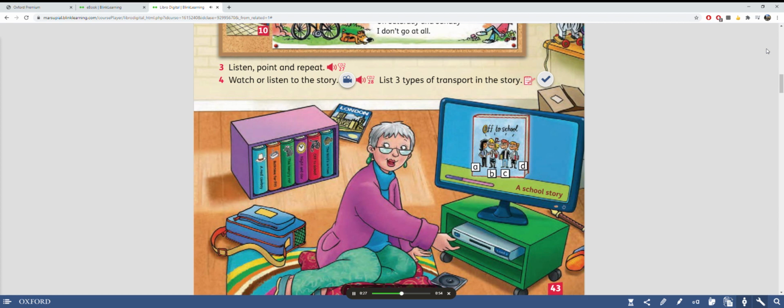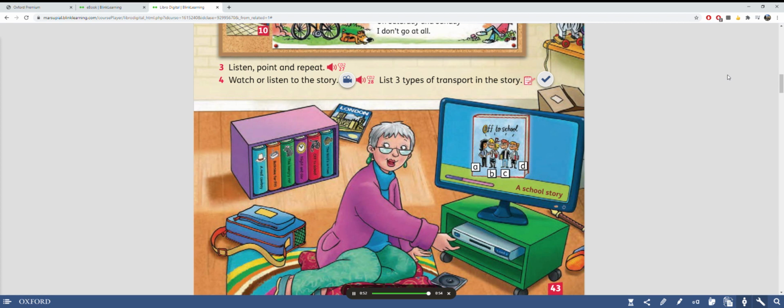Story 5. Off to school. A. Mona, B. Sophie, C. Tom, D. Molly.